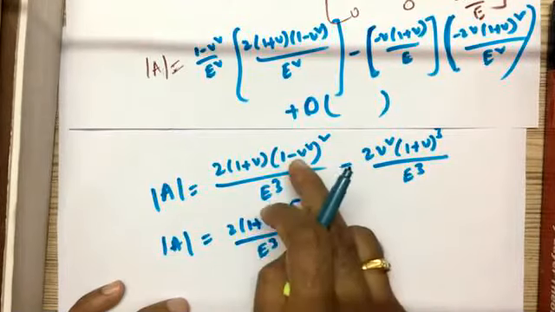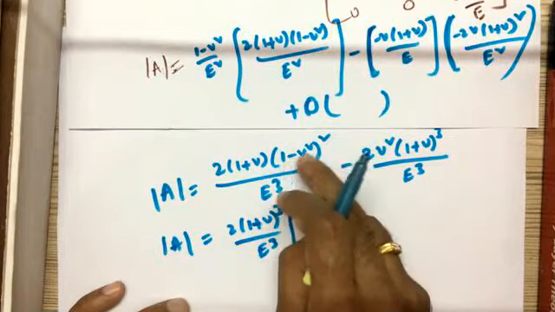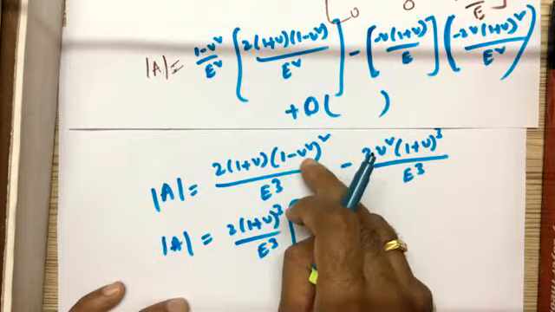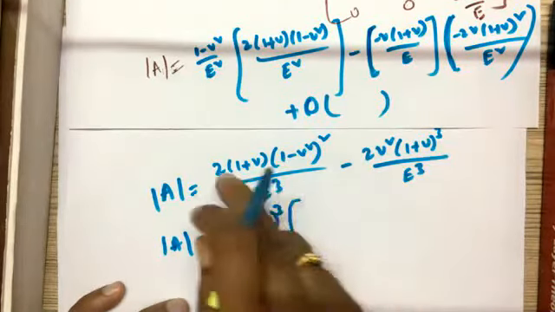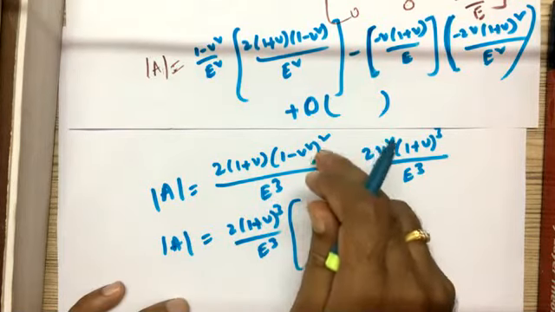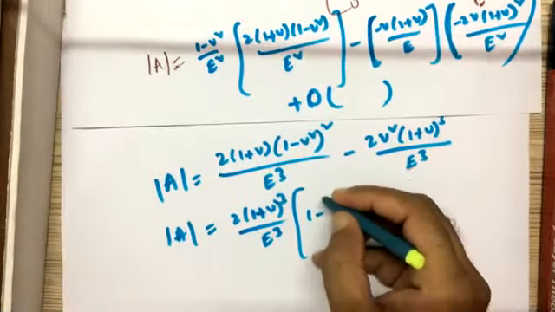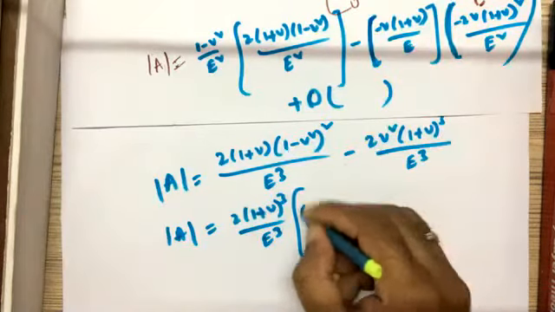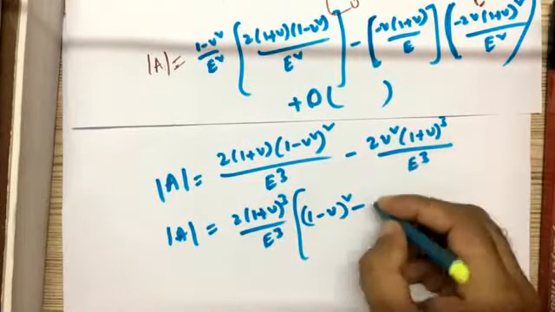Again remember, 1 minus nu square can be written as (1 plus nu) into (1 minus nu), so (1 minus nu square) whole square is (1 plus nu) whole square into (1 minus nu) whole square. So (1 plus nu) whole square into (1 plus nu) whole cube. So 2 into (1 plus nu) whole cube divided by E cube is common. What is remaining? (1 minus nu) whole square minus 2 nu square.